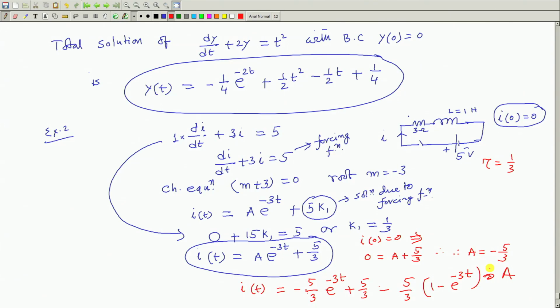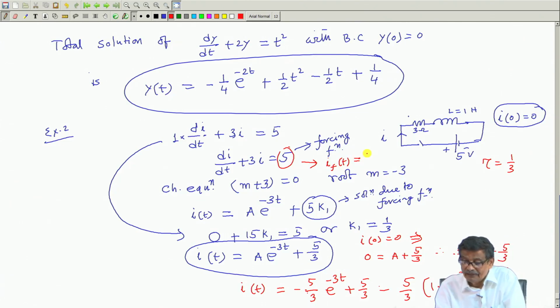One another nice thing about it: if your excitation is a constant number, all this you do, that is fine. Further you can reduce your labor, that is, if the right hand side is constant, the solution due to the forcing function, you suppress the di/dt term, and 5/3 will be the answer.